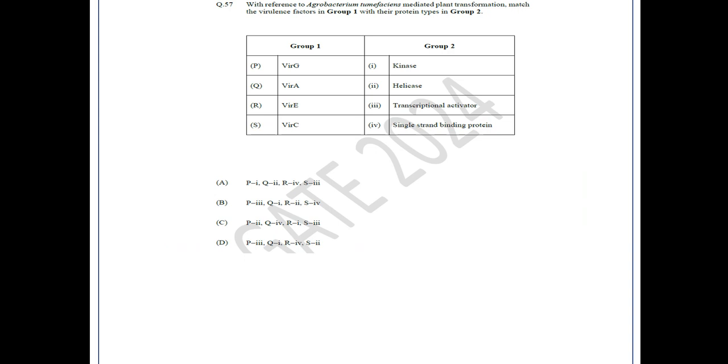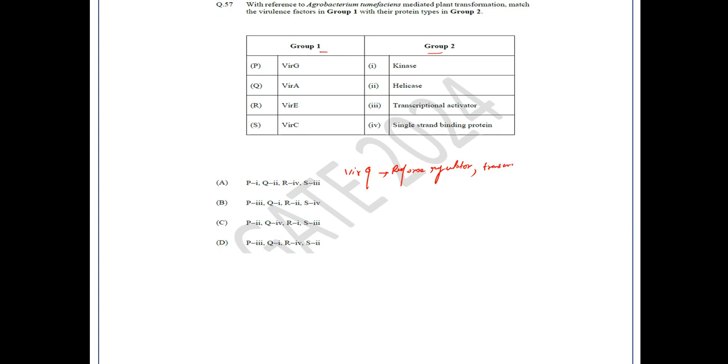provided in group A and group 2, the protein types, so we need to match it correctly. So if we see VirG, actually VirG acts as a response regulator, and definitely it activates the transcription of all other Vir genes.